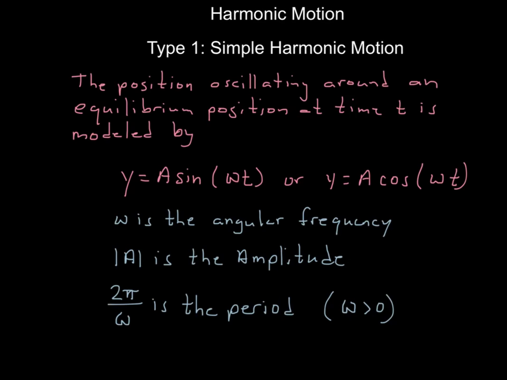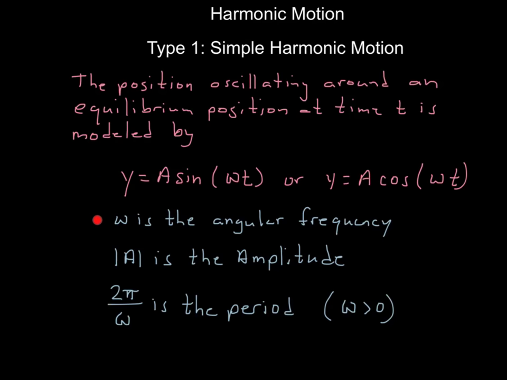Now we do have some ways of modeling simple harmonic motion. Because it is just going up and down, there is no change in the amplitude. It is very sinusoidal in how it looks. The position of an oscillating function around equilibrium position at time t is modeled by y equals a sine of omega times t, or y equals a cosine of omega times t.